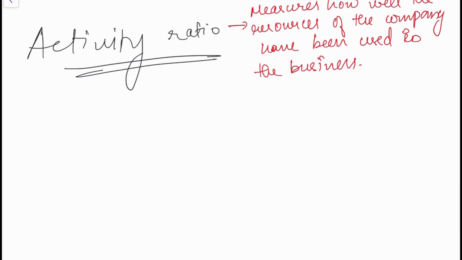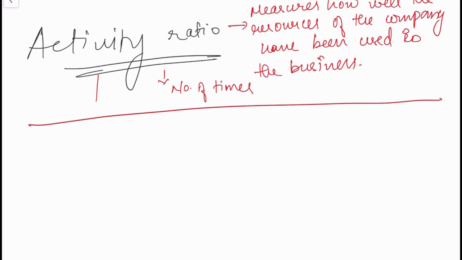And the result should be written in terms of number of times. Okay. Number of times. So under activity ratio, there are 4 types of ratios. First one is trade receivable ratio.